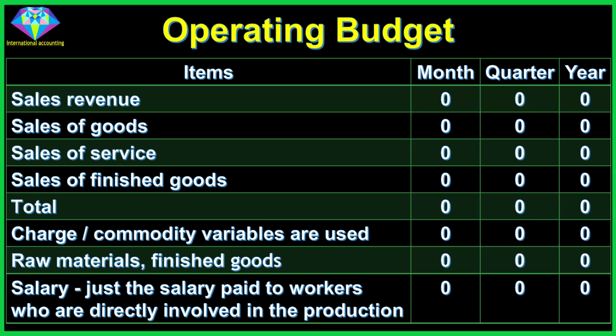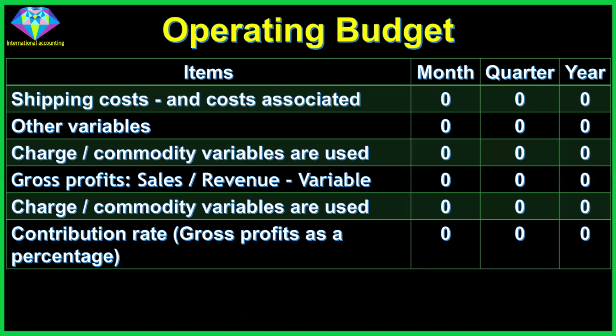Variables are used including raw materials, finished goods, salary, just the salary paid to workers who are directly involved in the production, shipping costs, and costs associated. Other variables.